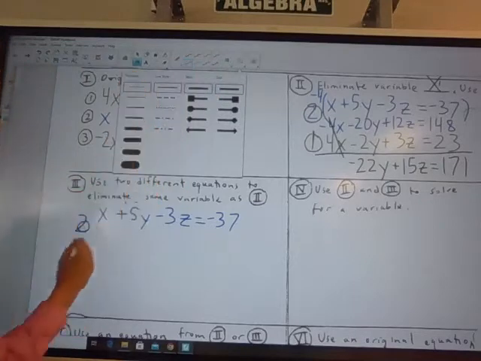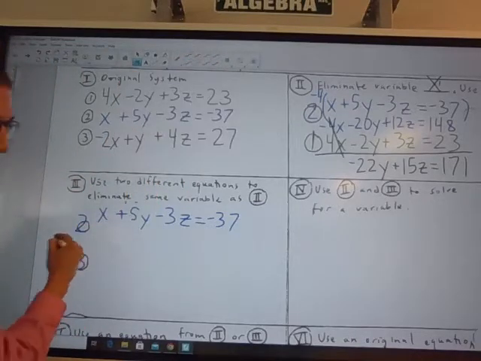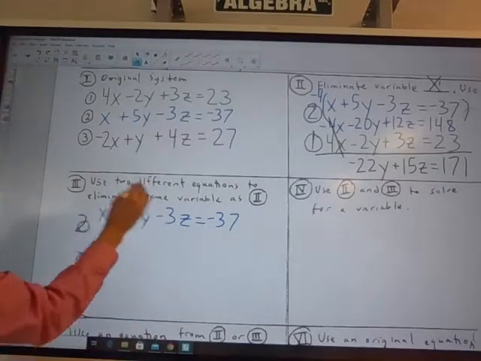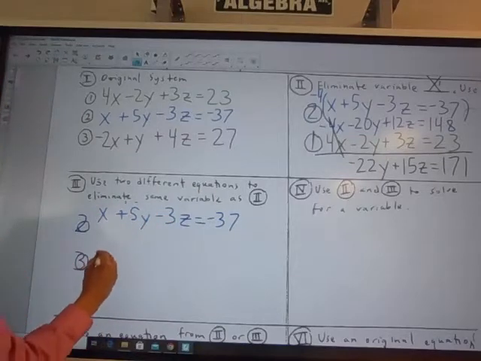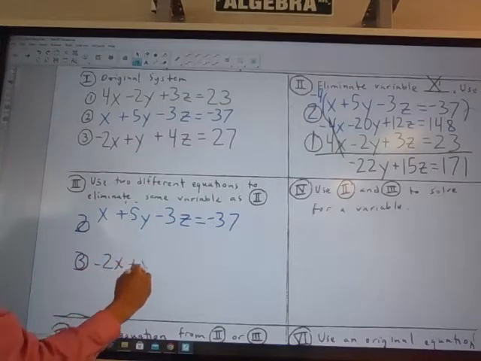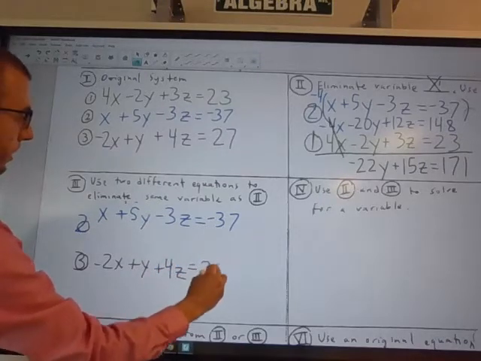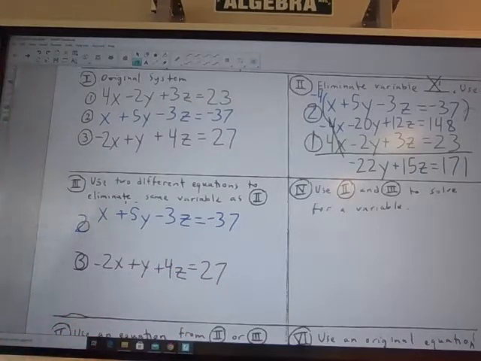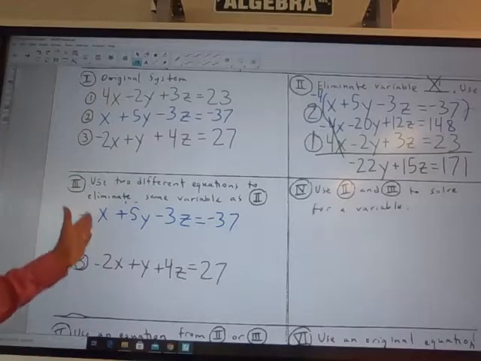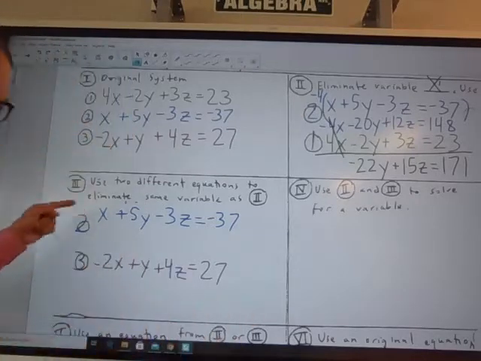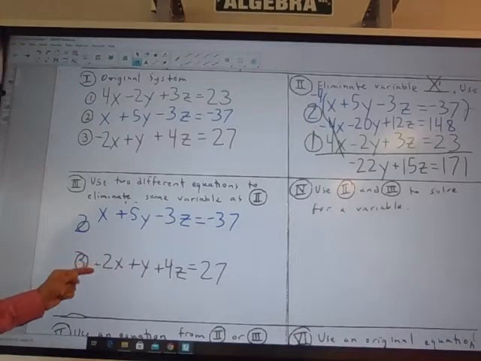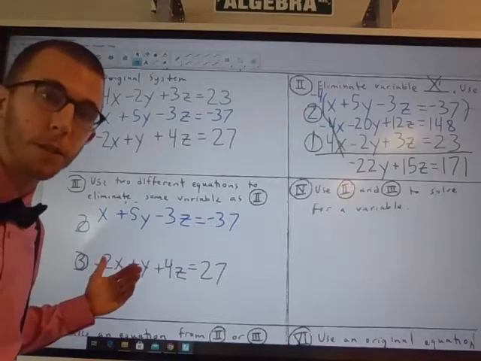And my equation 3, I'll fill in underneath, again leaving a space, because I know I'm manipulating this one somehow. So I have negative 2x plus y plus 4z equals 27. Okay? So again, if we're eliminating the x's, we need those coefficients to be opposites of each other.